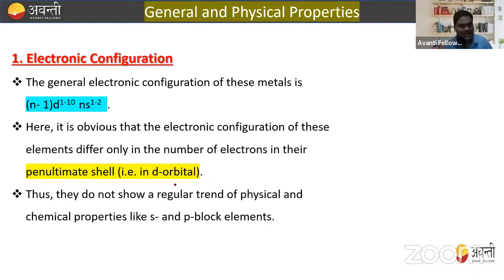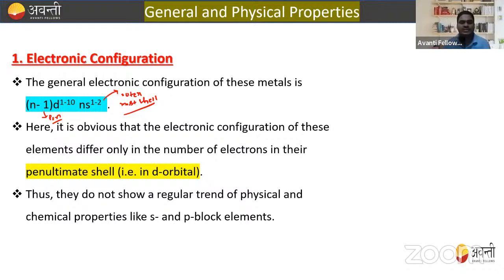This is known as the penultimate shell, and this is known as the outermost shell. So one is known as the penultimate shell, another is known as the outermost shell. So the general electronic configuration of these metals is (n-1)d^1-10 ns^1-2.